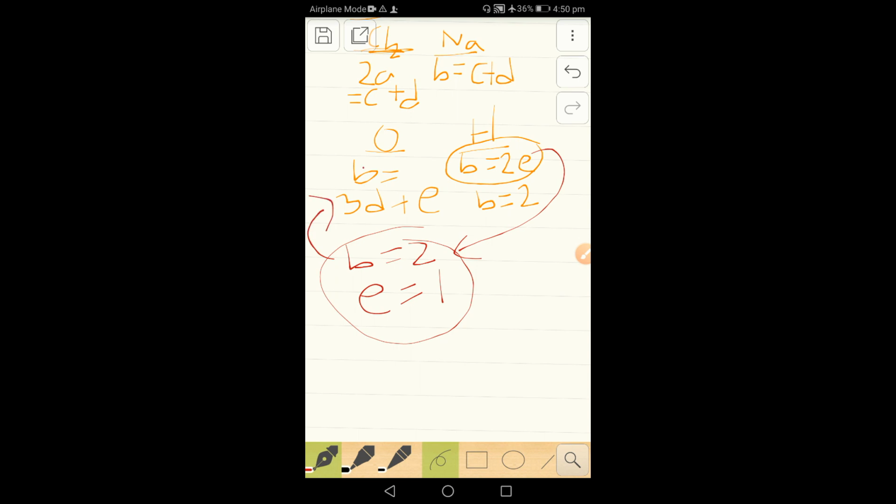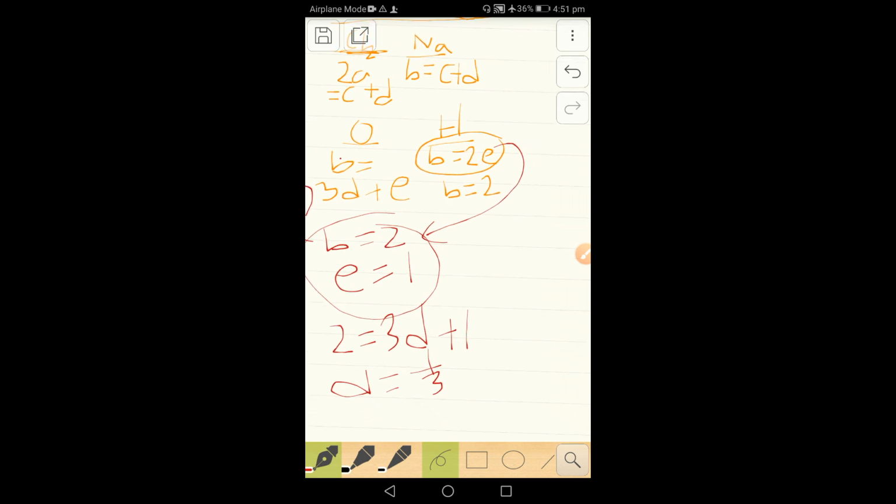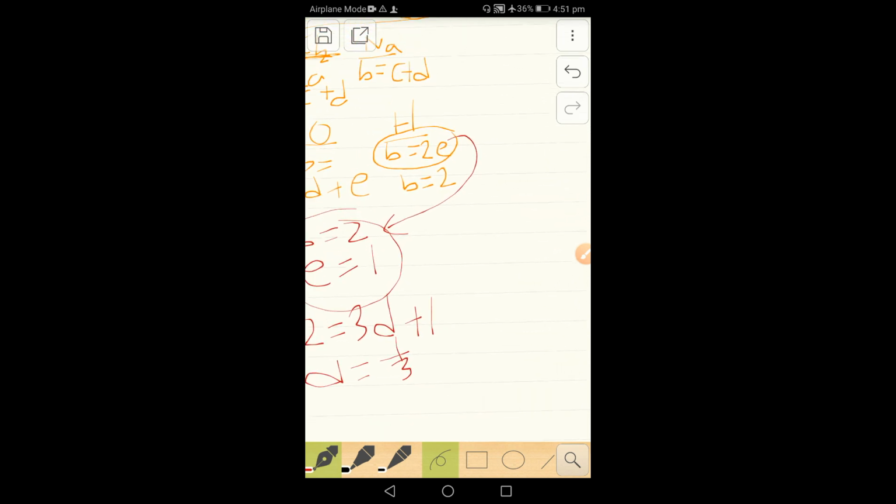So putting B equals to 2 and E equals to 1, we have 2 equals to 3D plus 1. That means D must be equal to 1 by 3. So we have got two values. Okay, so we have got B, we have got A, we have got D. Now we can find C easily, isn't it?